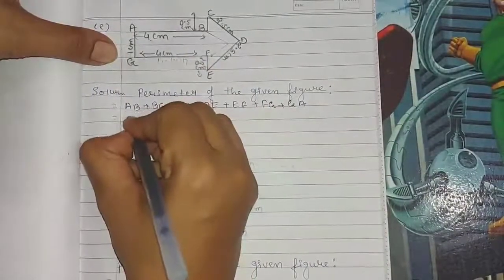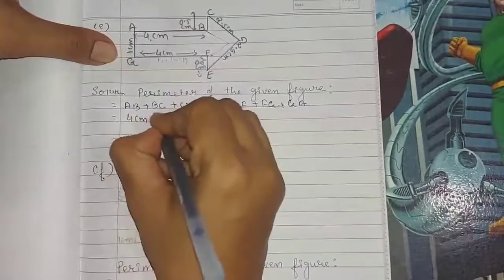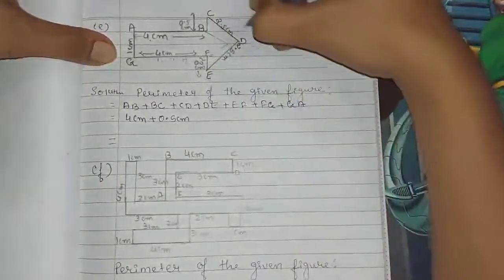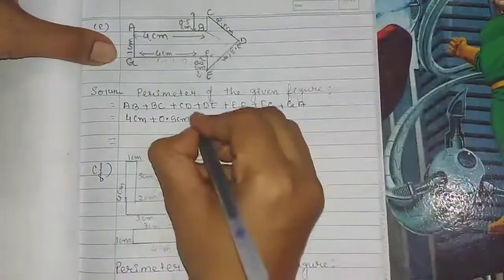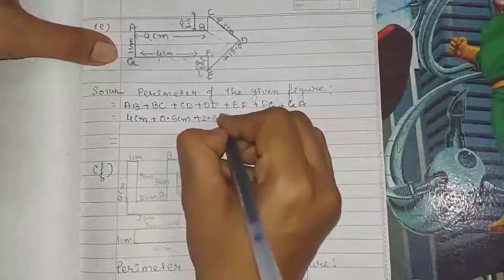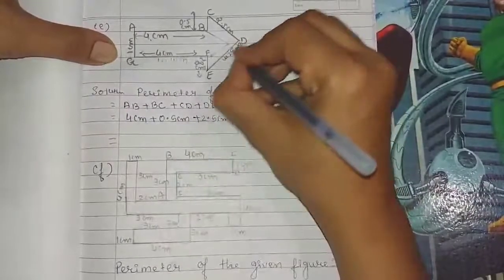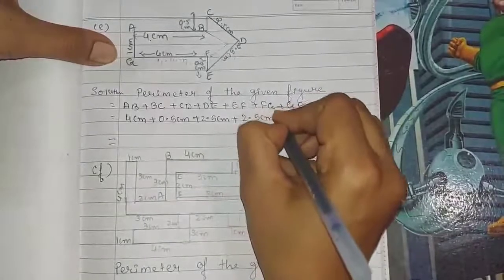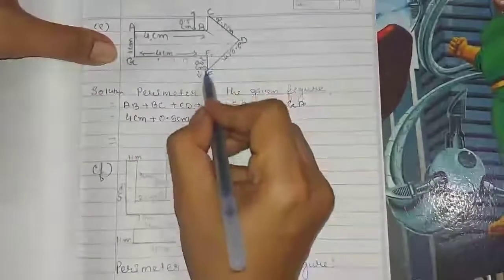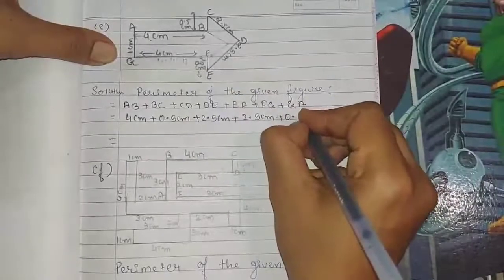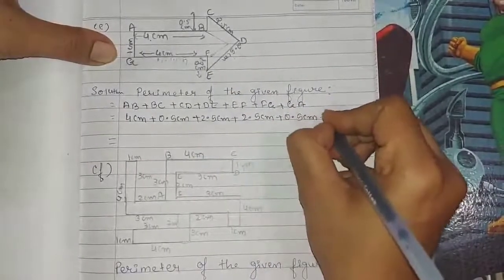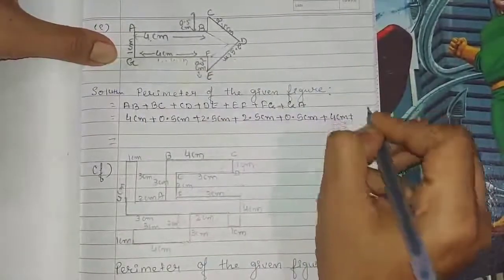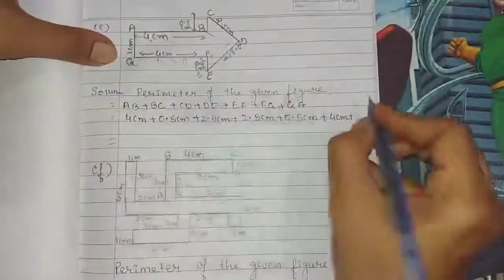AB is 4 centimeter, BC 0.5 centimeter, then CD is this 2.5 centimeter, then DE is this side, here also 2.5 centimeter, then EF is again 0.5 centimeter, then FG is 4 centimeter plus GA is 1 centimeter.